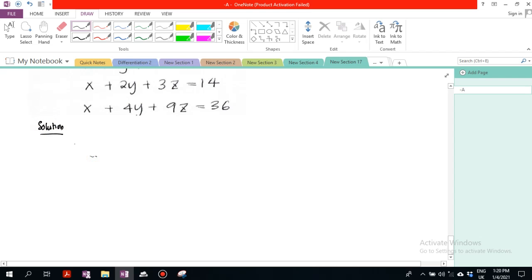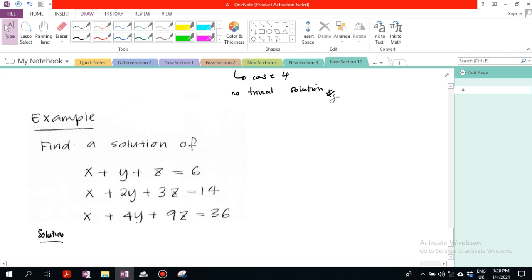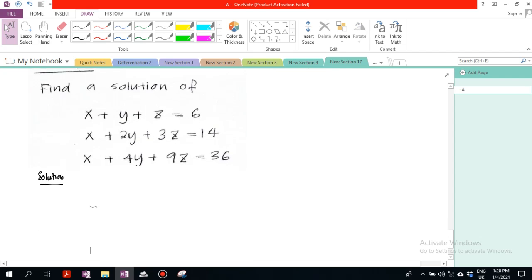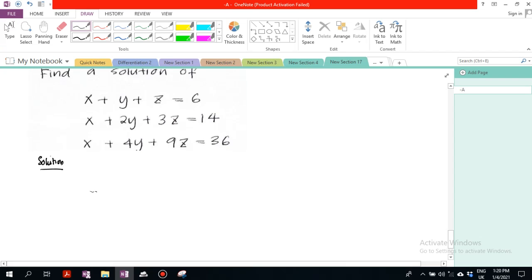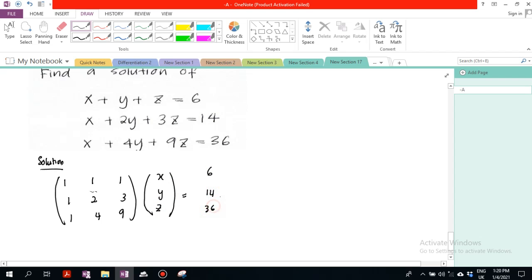We will get the rows 1, 1, 1, then 1, 2, 3, then 1, 4, 9. This is your A matrix. Then you have X, Y and Z equal to your b, which is 6, 14 and 36.